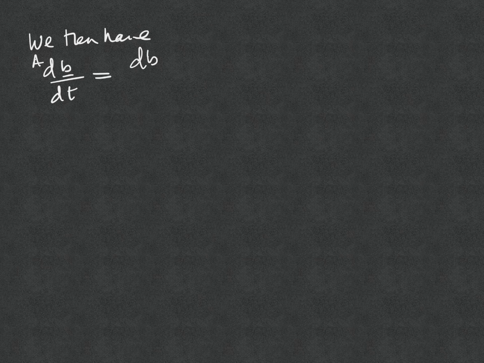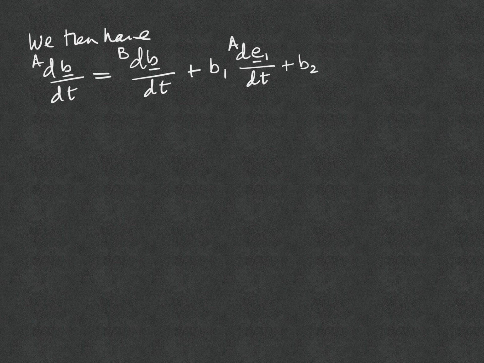We end up with dB/dt in A is equal to dB/dt in B plus these additional three terms, which are B1 times dE1/dt in A plus B2 dE2/dt in A plus B3 dE3/dt in A.